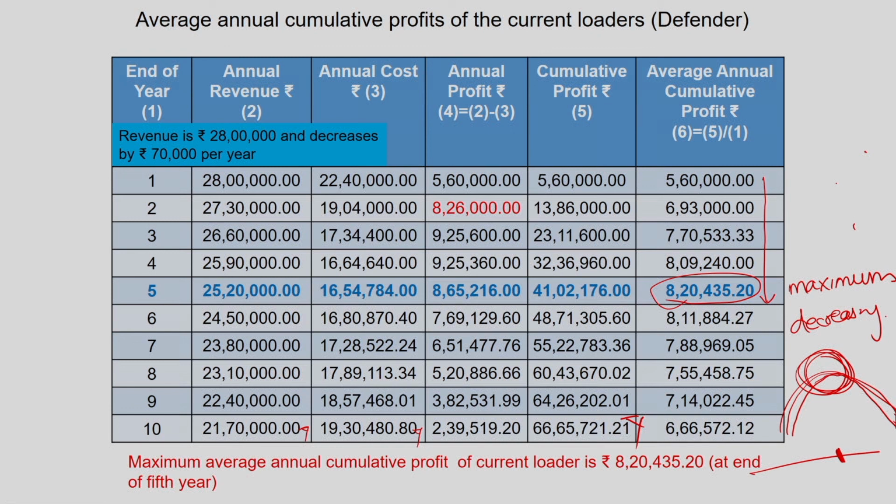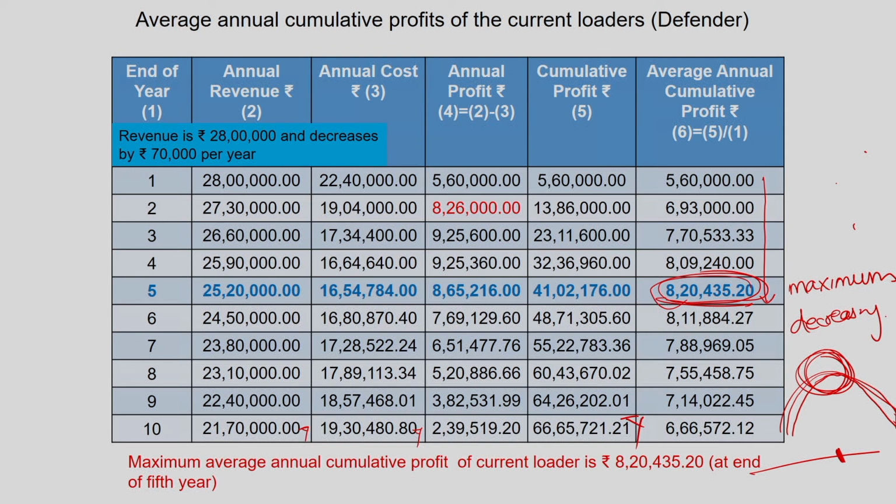It means that if you are holding this machine for 5 years with you, the average annual profit for the past 5 years will be 8,20,435.2. So, this is the economic life for the current loader based on the maximum profit method. Now, we are going to compare it with the Challenger. So, we have to estimate all these profits again for the Challenger.